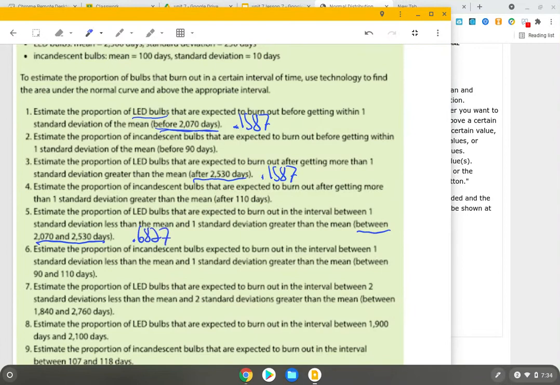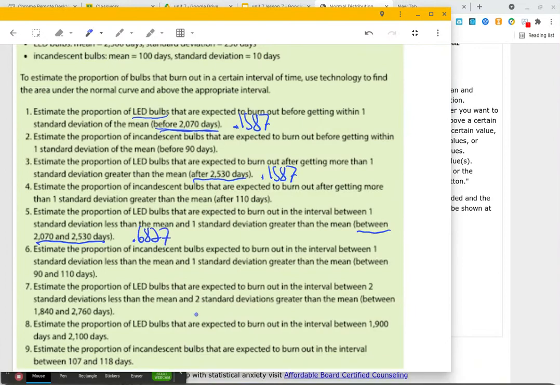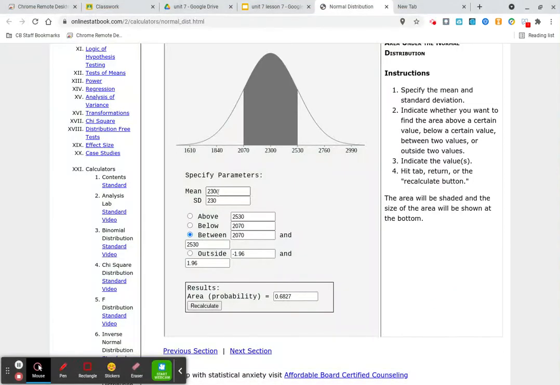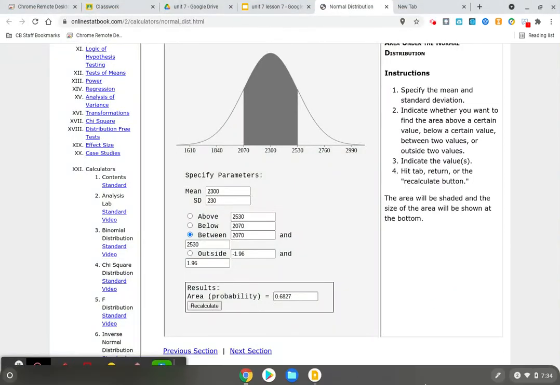Okay. Our next LED one is number 7. So now we're looking for between 1,840 and 2,760 days. Okay. So LED, same mean, same standard deviation.